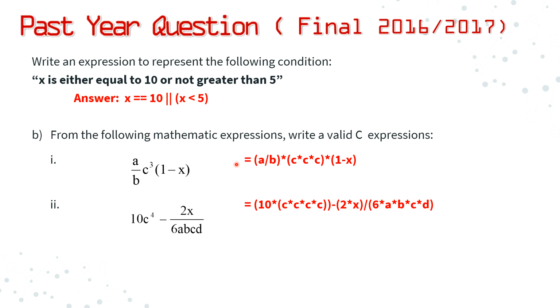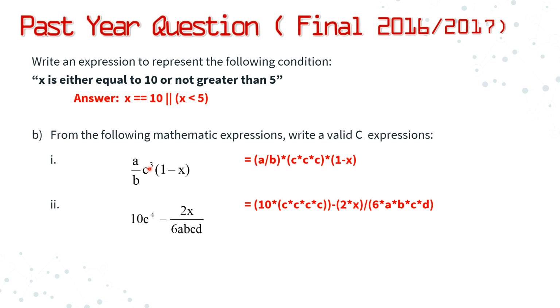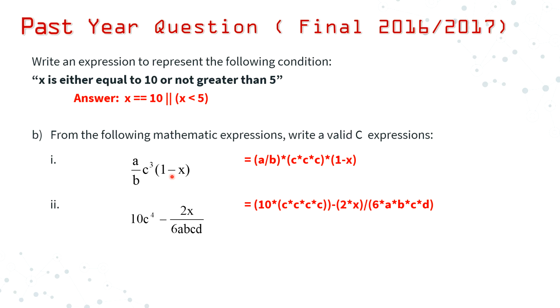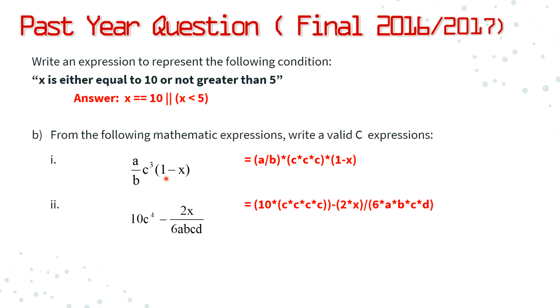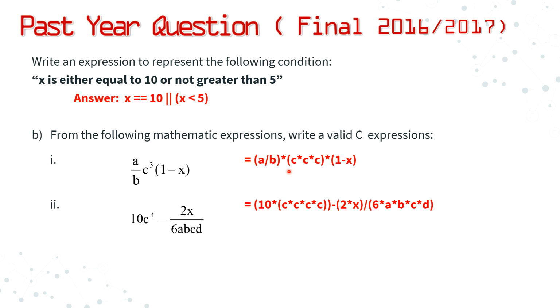Because C doesn't understand algebra symbols like c to the power of 3, or numbers sitting next to letters, we must explicitly write out the multiplication using the asterisk symbol and group the terms with parentheses.